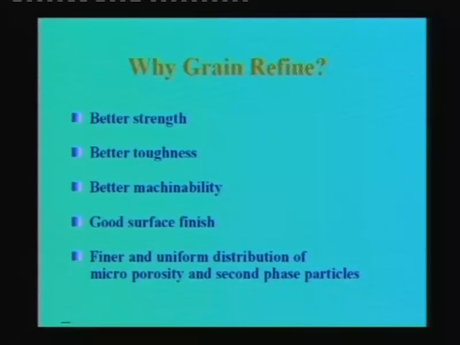What is this microporosity? Microporosity comes from the solidification of the liquid metal at the interdendritic region. We know that whenever a liquid is solidifying, the solid nucleates as dendrites, and at the interdendritic regions you have some liquid left out. This is the last liquid to solidify, and when it is solidifying there is always a shrinkage, because liquid usually occupies a much higher volume than the solid.